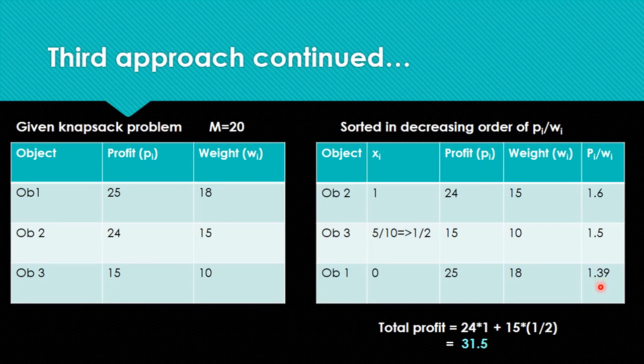Object 2 can be taken completely because the knapsack is not overflowing, and then object 3. We will take half of object 3 since the knapsack is overflowing. So the total profit will be 24 plus 15 into 1 by 2, which becomes 31.5.